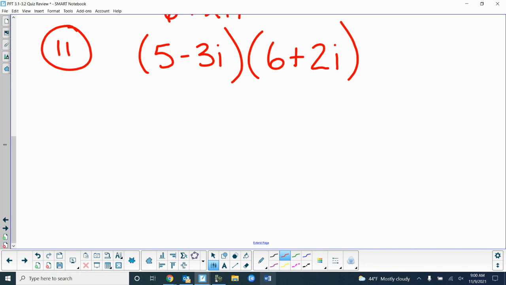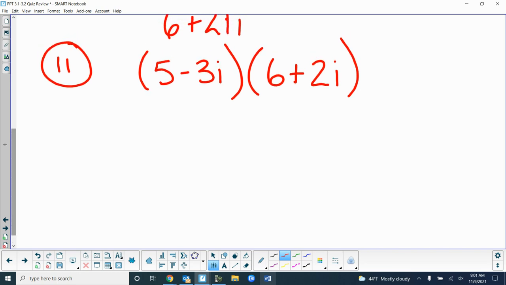What's the difference between 9 and 11? Yeah, it's subtraction. Or it might have an addition sign tomorrow. All right, number 9, just combine like terms. Don't try to foil if it's not multiplication. This is multiplication. There's no symbol between the two parentheses, so that means multiplication. So we're going to foil.